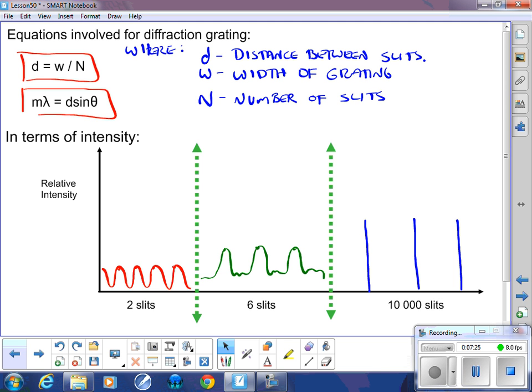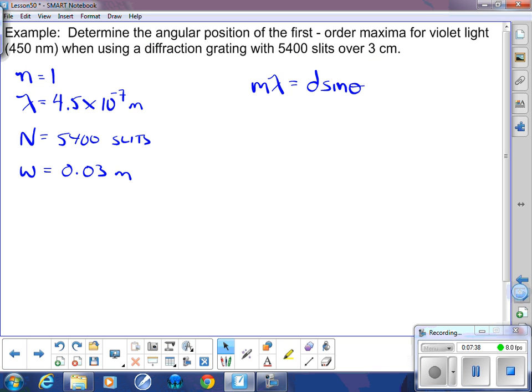Actually, let's change that m to an n to align with how we've been doing the other formulas. It's just the order number. When I wrote it down I was jumping back and forth, so let's unify it: n lambda, so it's uniform in all your equations.